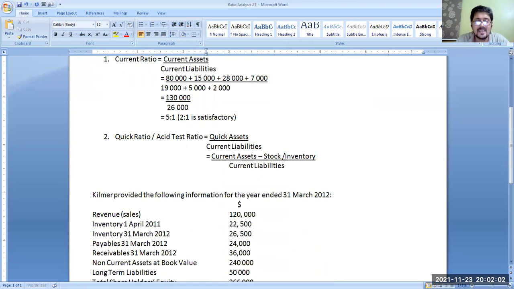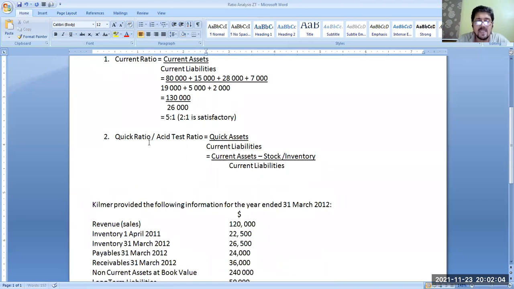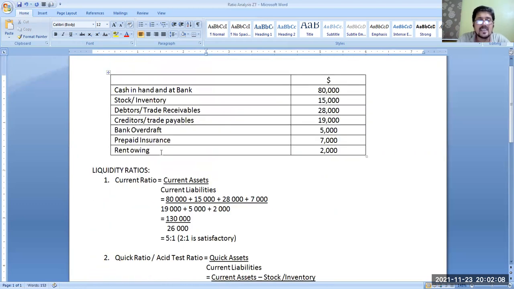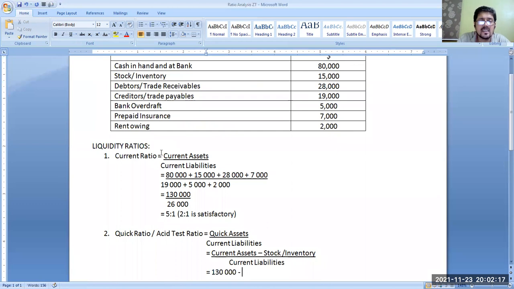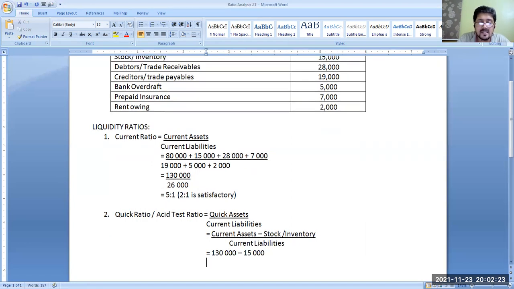Now, in this case, what will happen? Our current assets are 130,000 minus our inventory 15,000, divided by our current liabilities, that is 26,000.